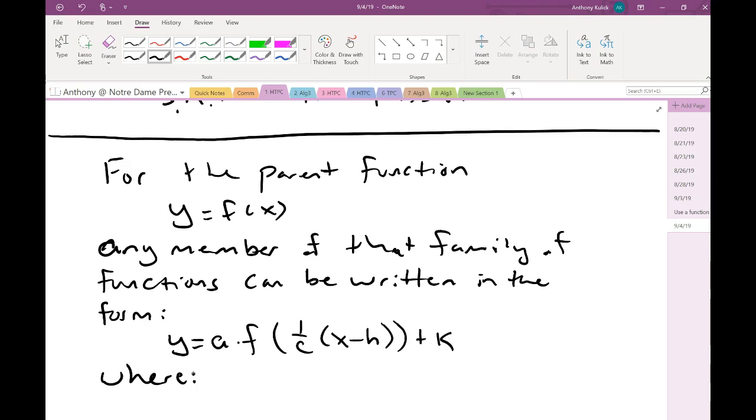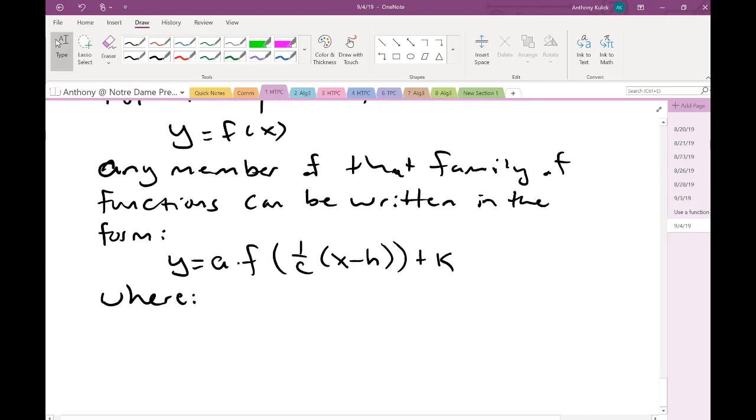So for what the a, c, h, and k do in terms of transforming that parent function. So when I look at this, let me actually write out the rules. That'll be easier first.